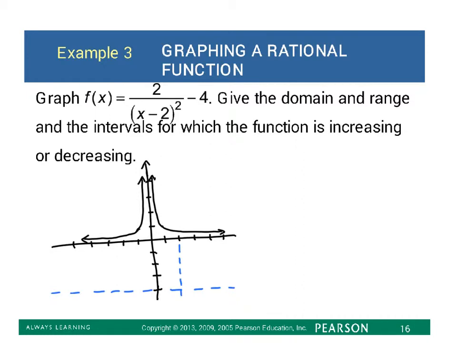So our vertical asymptote, which was at the y-axis, comes over here at x equals 2. The rest of the graph is going to look almost exactly like the function I have graphed here, the 1 over x squared function, because that's what we're comparing it to.